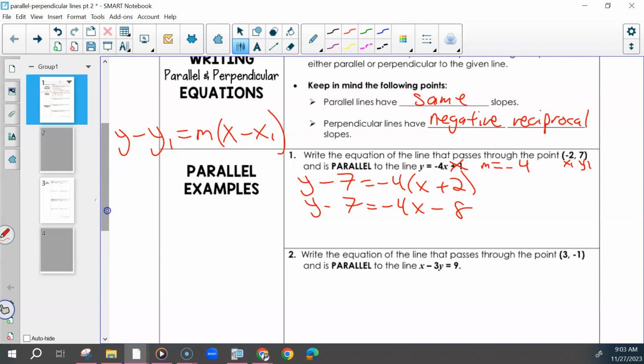Remember, the end goal with these is to get it back in slope-intercept form, so get rid of 7 by adding. So y equals -4x minus 1 is the equation that goes through this point and is parallel to the original. They have the same slope and different y-intercepts. Do you have any questions, confusions on how we got that so far?